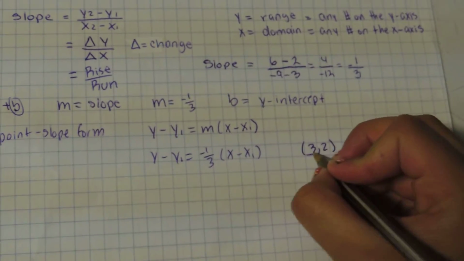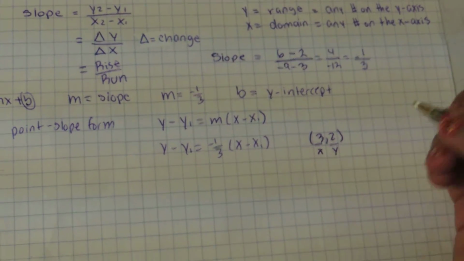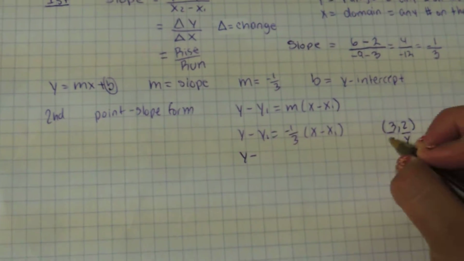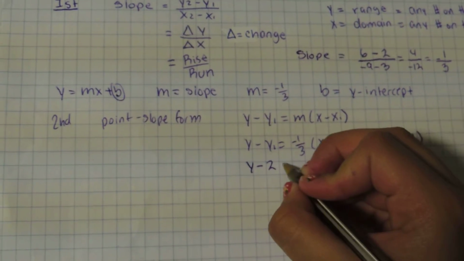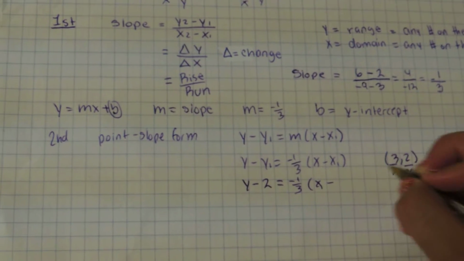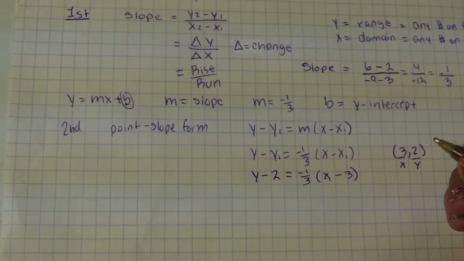We already know that this is the x and this is the y. So let's replace them. Y minus y1, which is 2, equals negative 1/3 times x minus x1, which is 3.